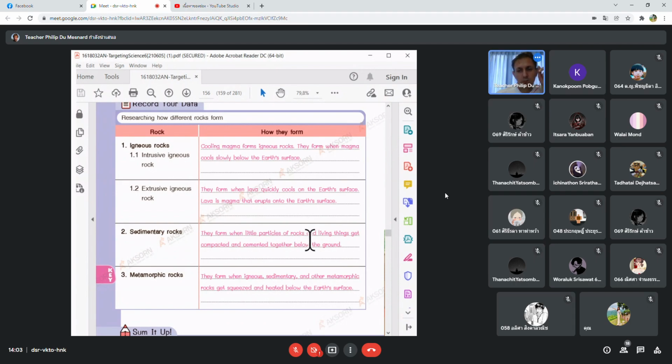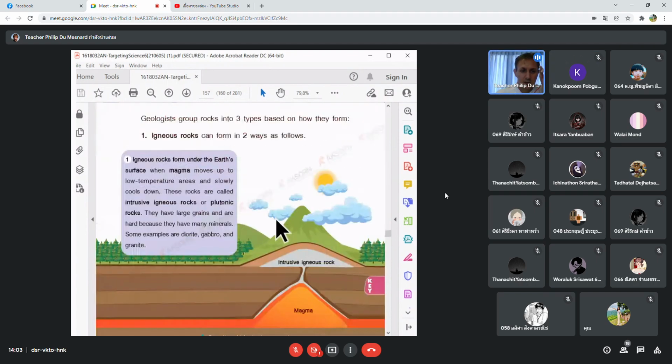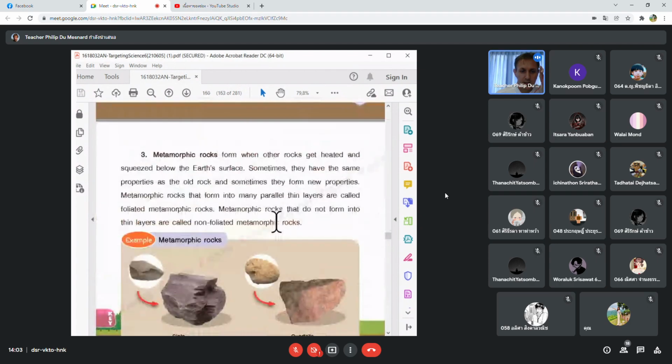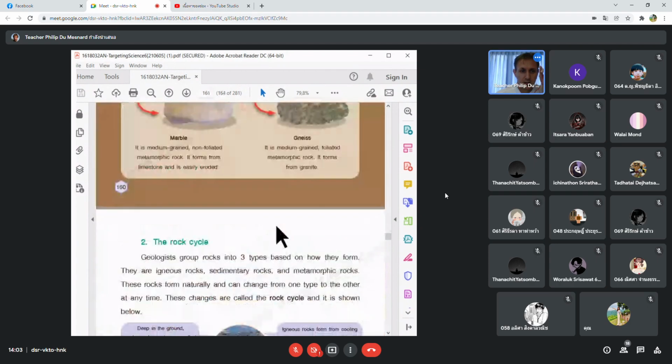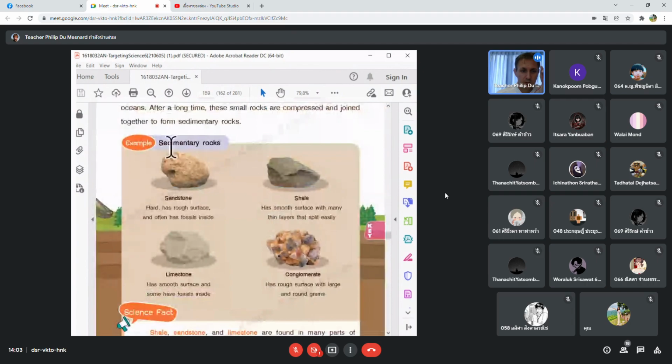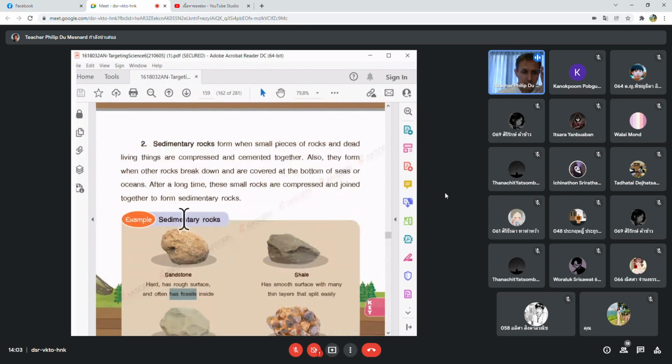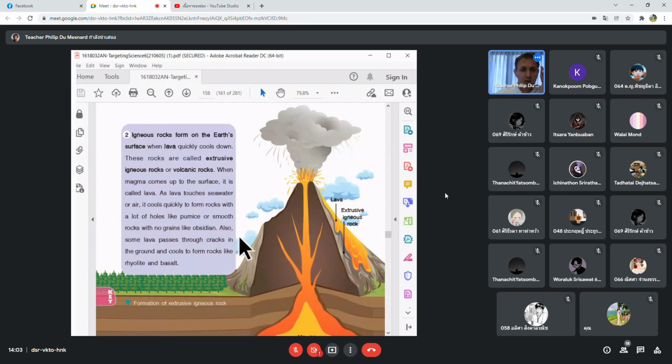Hello? Yes. So which rock has fossils? If we look here, we see it is this one, sedimentary. It says here, has fossils. Okay, the sedimentary has fossils.